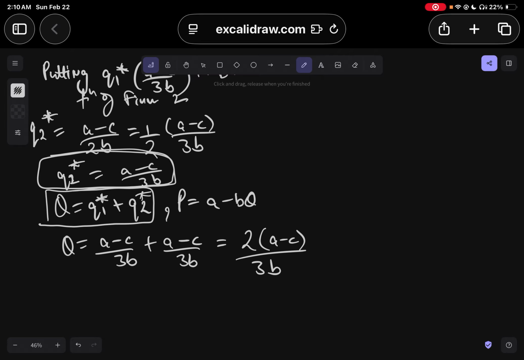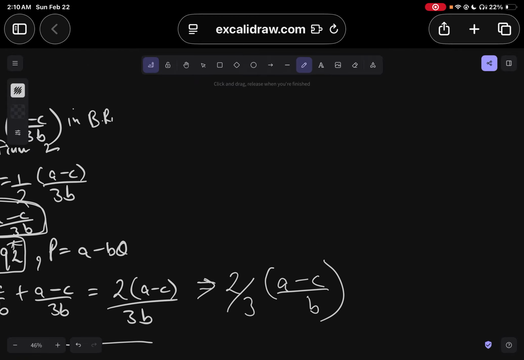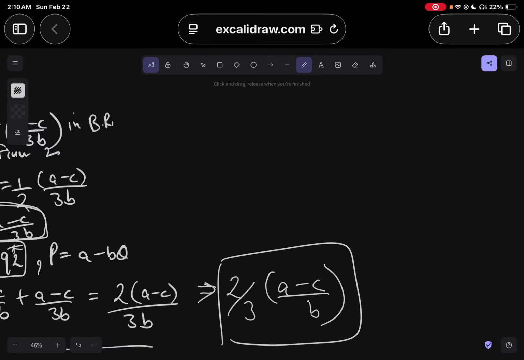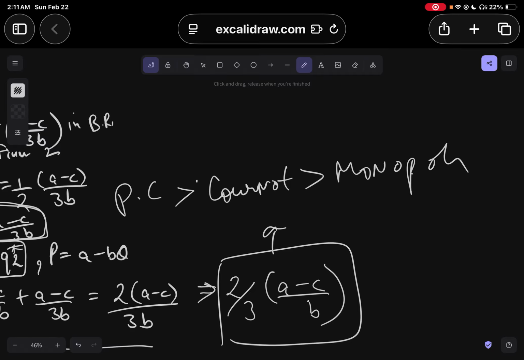Since we need to know the total quantity produced in the Cournot market, we have Q equals Q1 star plus Q2 star, which comes out to be 2 by 3 times A minus C upon B. So this means Cournot is more than monopoly but less than perfect competition.